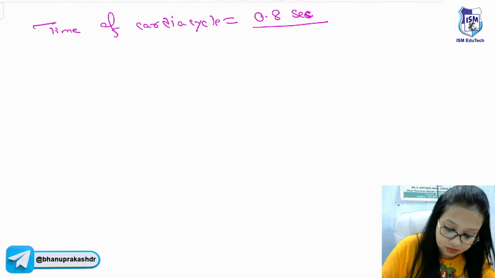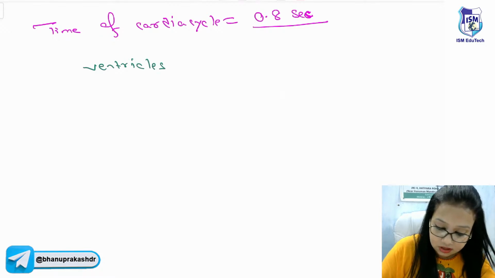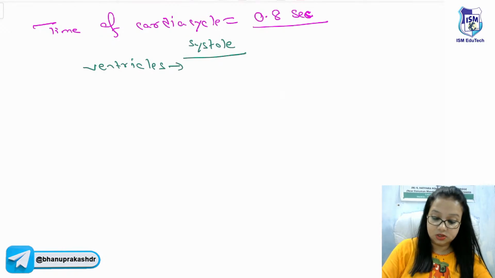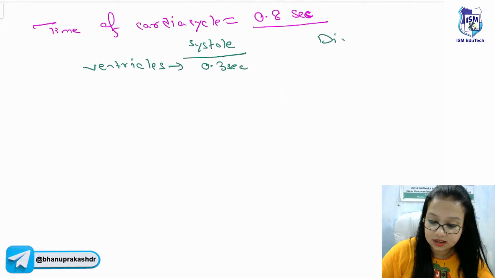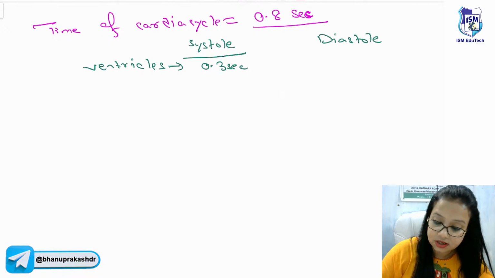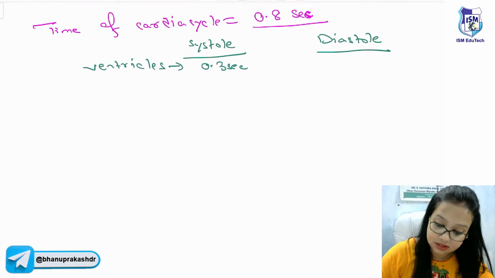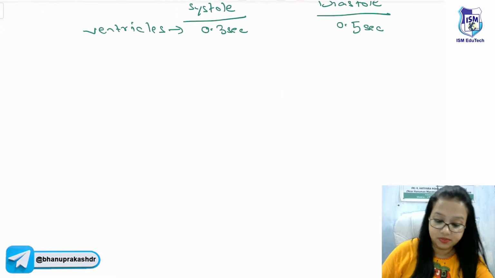So, the ventricles in systole spend about 0.3 second out of this 0.8 second, and the same ventricles in diastole, which is the filling and relaxation phase, spend longer, which is 0.5 second.